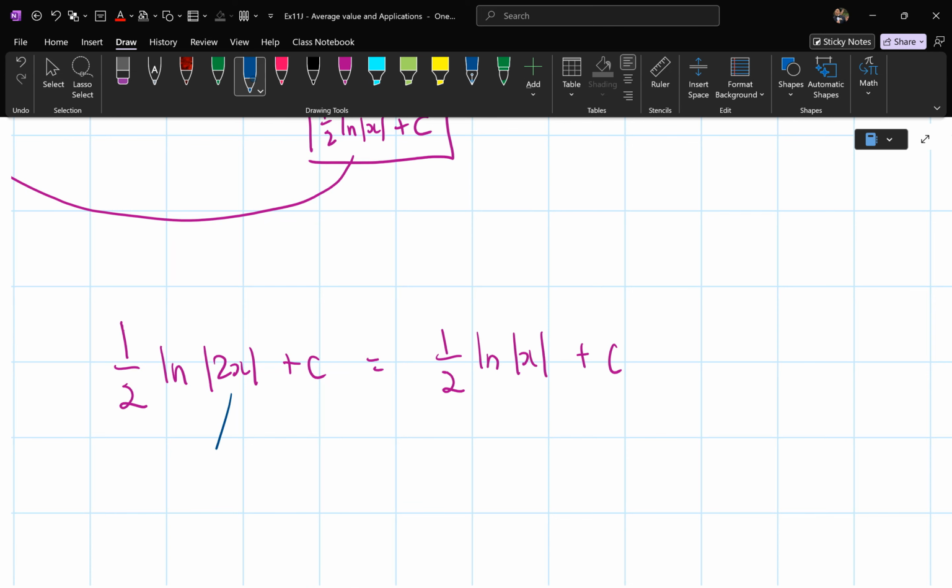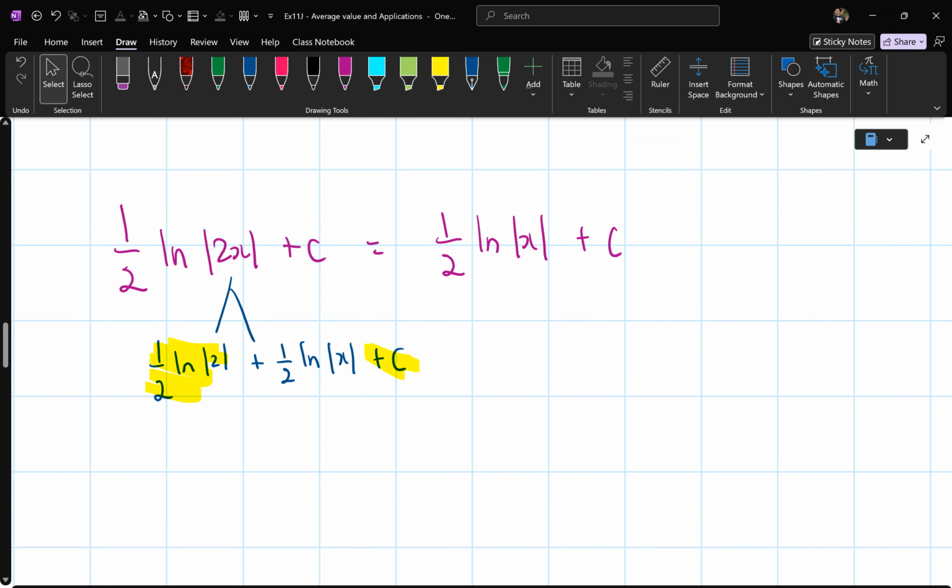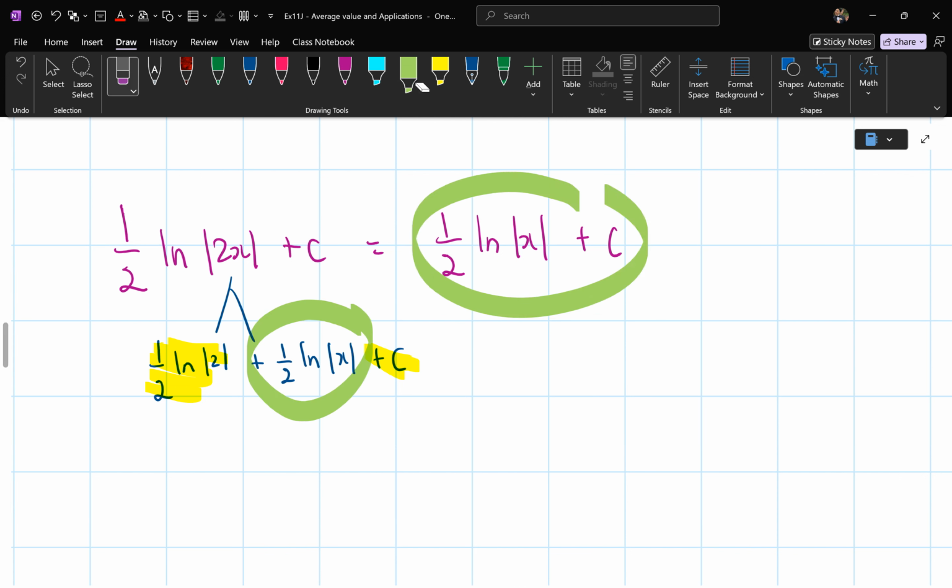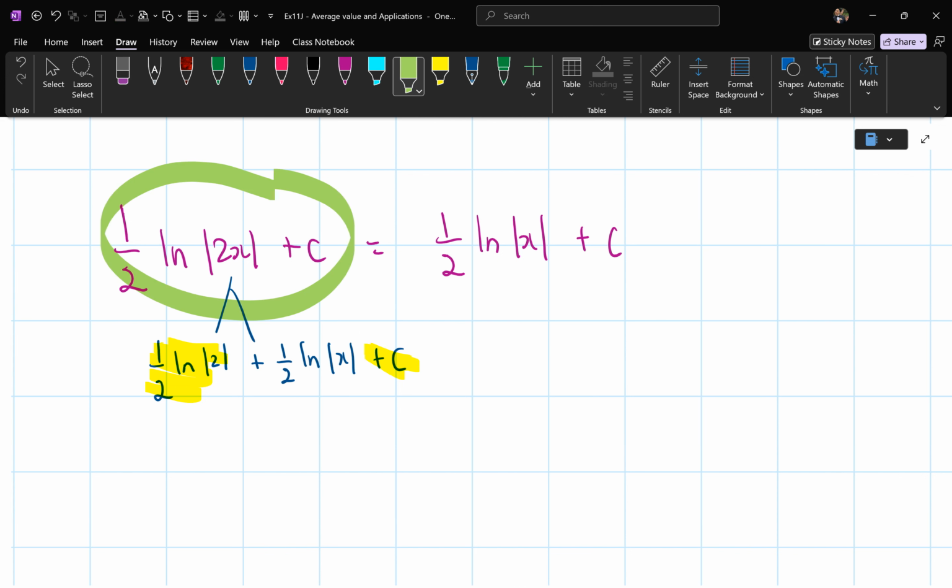And the proof to it, as I said, you can break that up and it becomes half ln of 2 plus half ln of x plus c, but these two can actually be combined to be just c. That's why these two equations are equivalent. Okay? In a summary, in a nutshell.